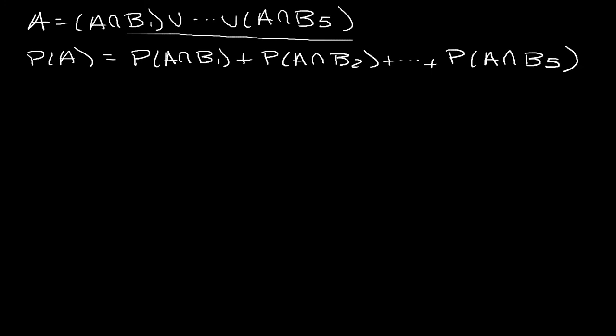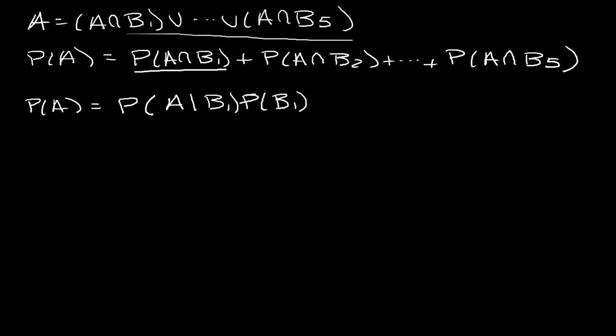Okay, so now we use the multiplicative law and we transform the probabilities of intersections into products. So the probability of A is going to be the probability of A given B1 times the probability of B1, plus the probability of A given B2 times the probability of B2.